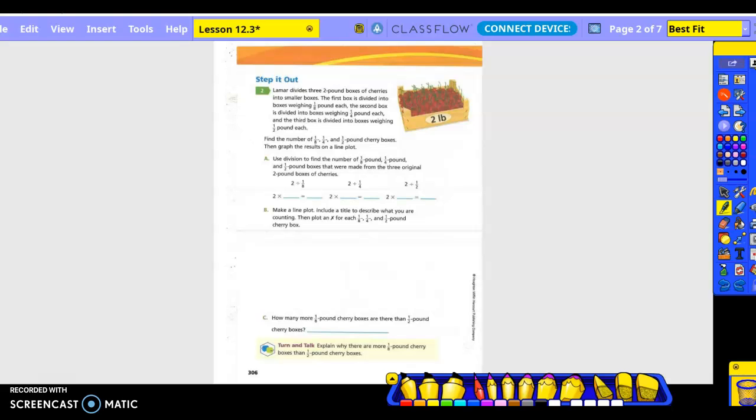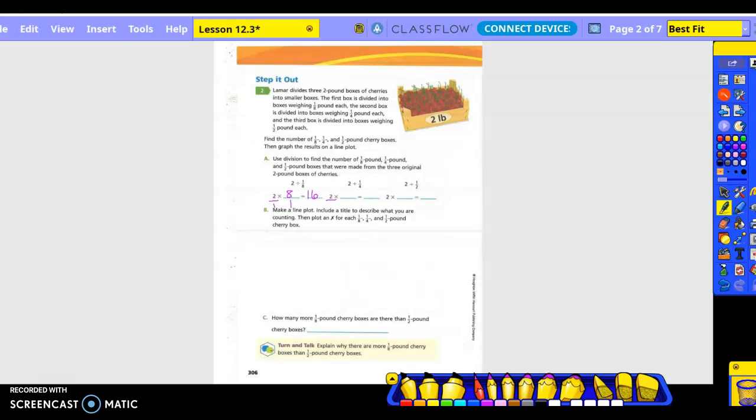Letter A. Use division to find the number of 1/8, 1/4, and 1/2 boxes that were made from 3 original 2-pound boxes of cherries. So they went ahead and said the 2 pounds was divided by 1/8, so that would become 2/1 times what? 8/1, which becomes 16/1, which becomes 16, right? Okay. The next one, they took a 2-pound box and then made it into 1/4 pound little boxes, right?